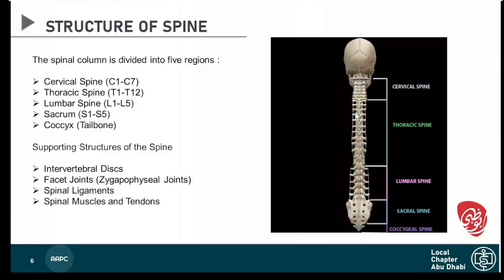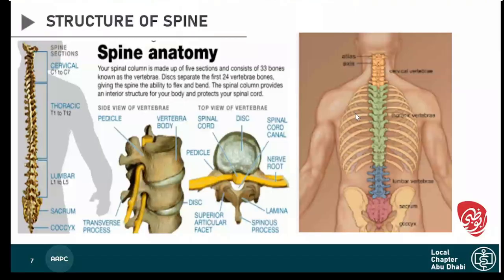The main characteristic of these thoracic vertebrae is that they are the attachment point for the rib bones. See in this picture, these green colored vertebrae are thoracic vertebrae. This T1 vertebra attaches to a pair of rib bones at both sides.